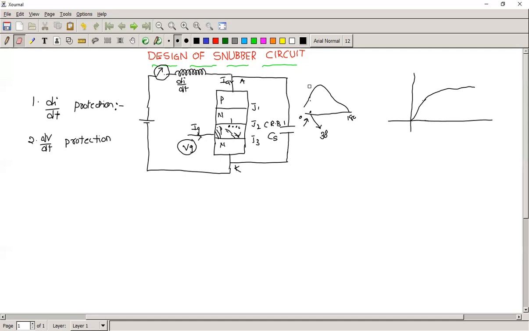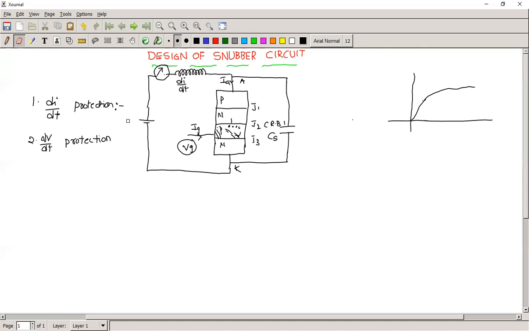One more important point here is that now we close the switch. The SCR is forward biased. The voltage across the capacitor slowly increases. After some time, the voltage across the capacitor reaches the steady state value.